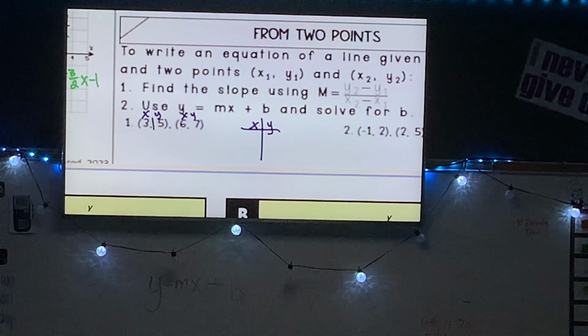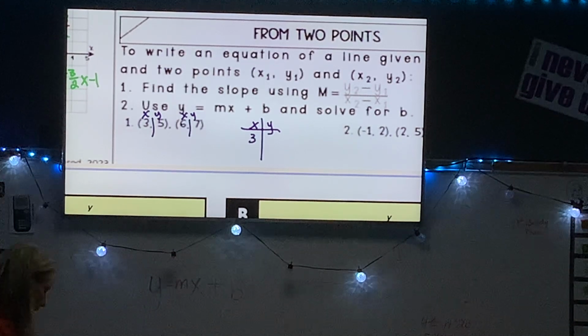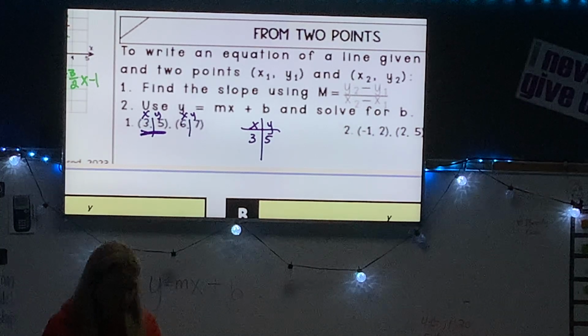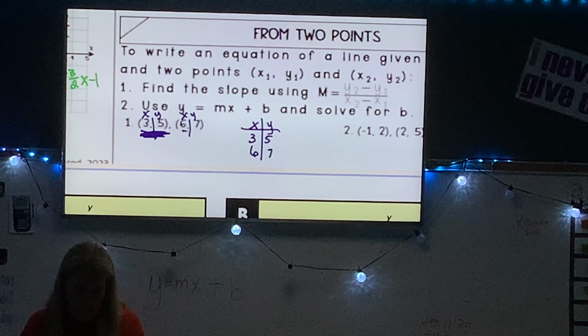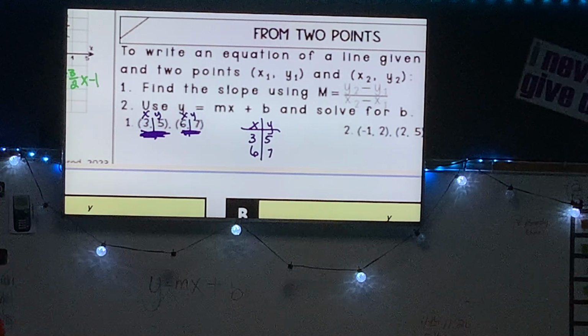And remember where that comma is? That's where my line is going to go. So I write 3, 5. Do you see that side by side just like that's written? And 6, 7. Side by side just like that's written. Now I can go to my calculator.